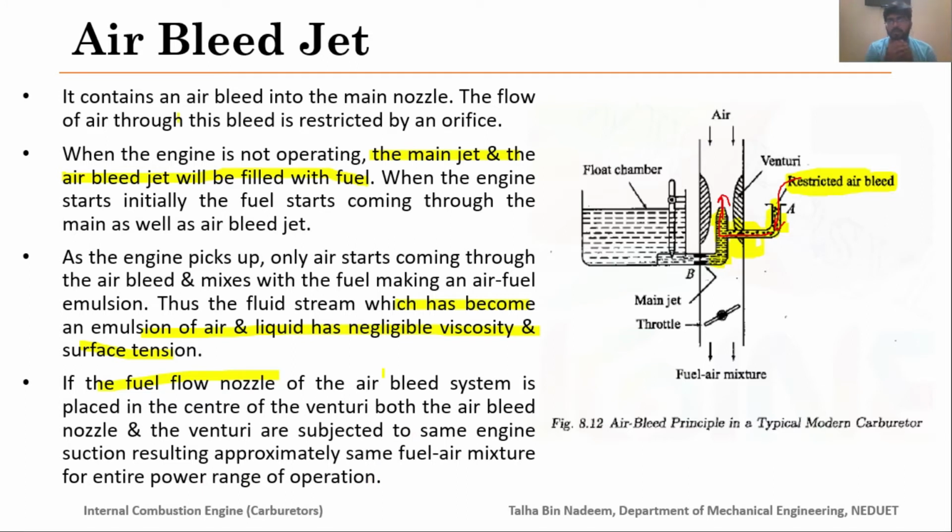So as we increase the load, as the throttle valve is opened more, the richer the air fuel mixture would be coming. So we want to provide a constant sort of air fuel mixture. So we will incorporate these air bleed jets. I hope it is clear to all of you.